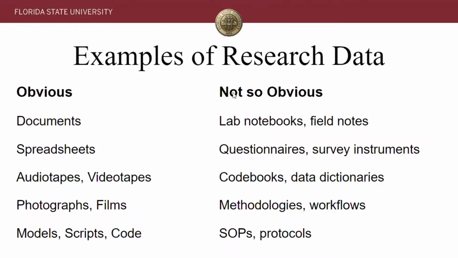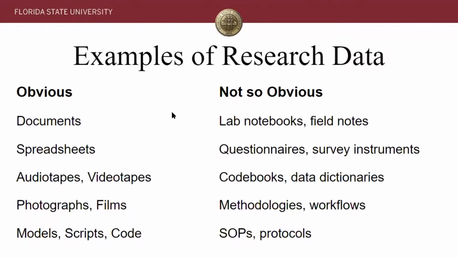There are some common examples of research data and some examples that aren't so common. So the obvious examples are things we think about every day, right? So documents, spreadsheets, audio, visual, cell images, photographs, and those sorts of things.